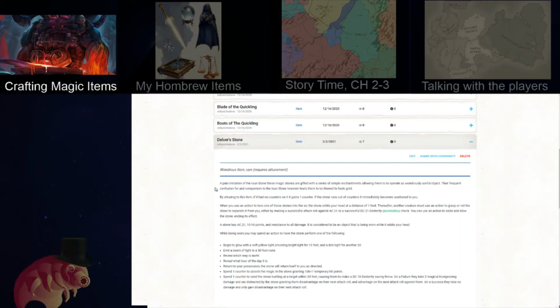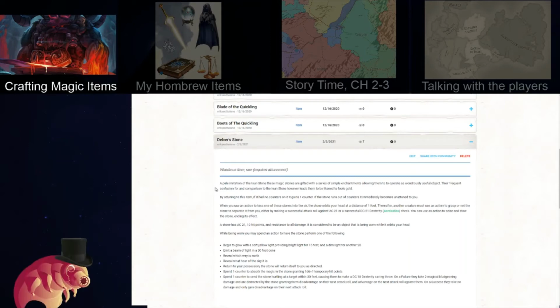When you use an action to toss one of these stones into the air, the stone orbits your head at a distance of 1 foot. Thereafter, another creature must use an action to grasp or net the stone to separate it from you, either by making a successful attack roll against an AC of 21, or a successful DC 21 Dexterity Acrobatics check.